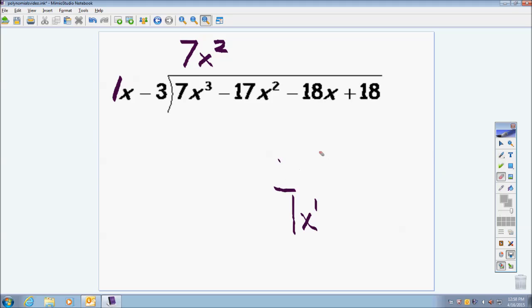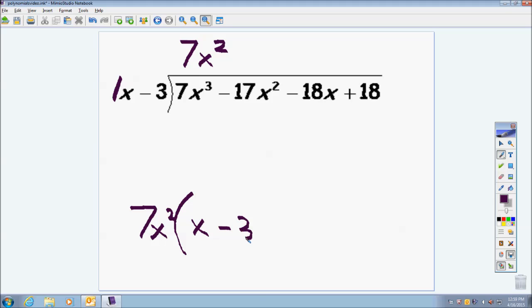Now think about what you did a long time ago. I'm going to take this number up top here, 7x squared. Now you don't always have to write this out, but I'm going to write it out because you're learning it. I'm going to take this number times this whole thing. That's what you did in elementary school. We're just doing it with x's and exponents. That's the only difference, folks. It's the same idea. Now distribute this, and you're going to get 7x cubed.